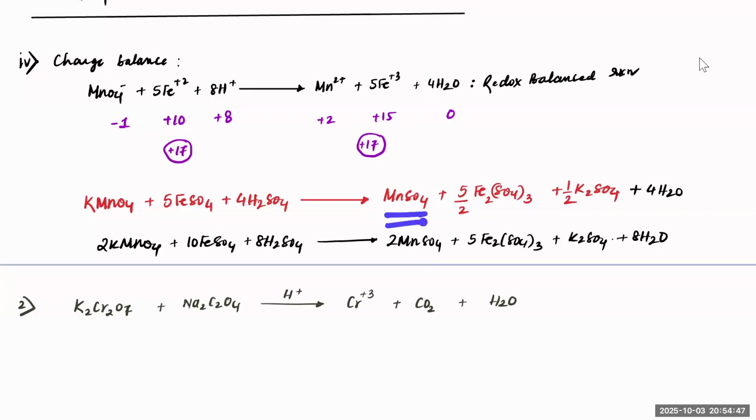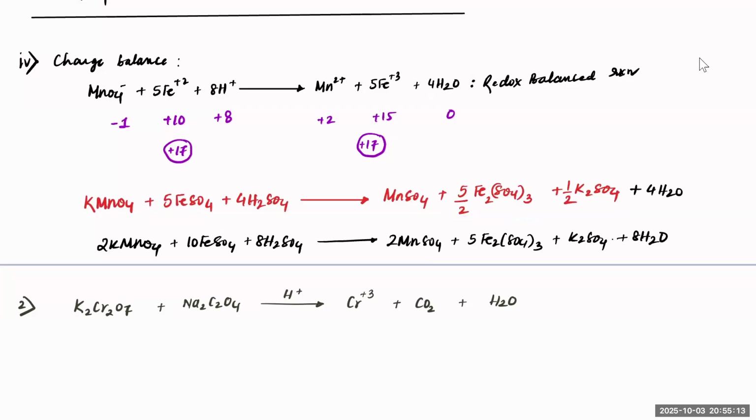So since it was given MnSO4, now I'm writing all of those. Potassium is there. Obviously, if left hand side potassium is there, right hand side it should also appear. And how does potassium appear as a salt only? That is K2SO4. And after balancing of oxygen and hydrogen, now you're checking whether all these sulfates and everything is balanced or not.